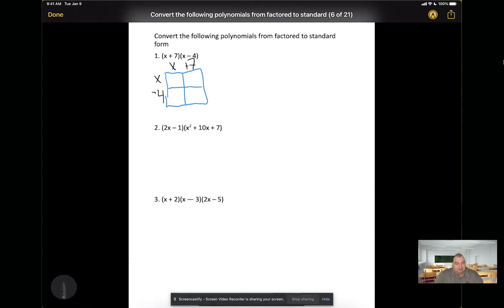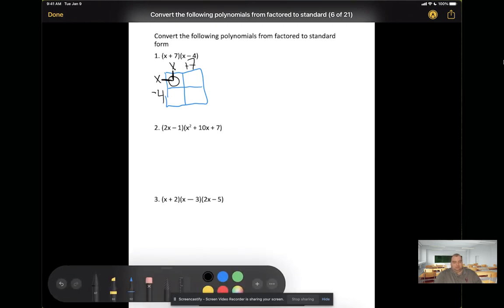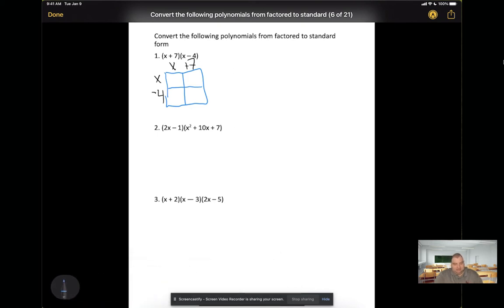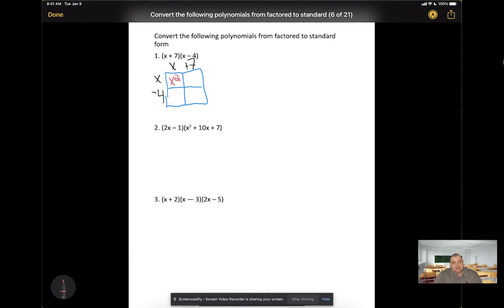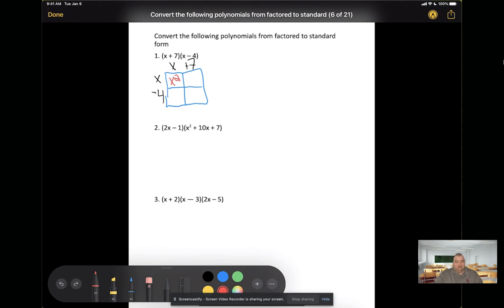So for example, to fill in this first box right here, I'm going to do x times x. Well, what is x times x? X times x is x squared. All right? To fill in this box, I'm going to do 7 times x. Well, what is 7 times x?